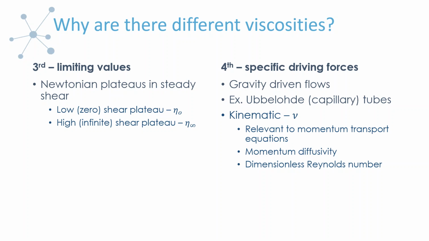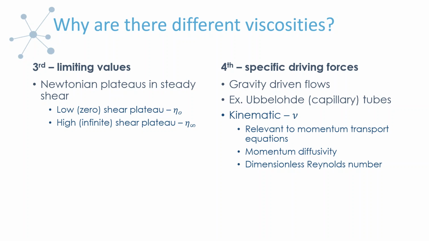And then the final one that we'll talk about, I only have one in this category, is the kinematic viscosity. It emerges in a couple of ways. One is related to experiment, when you're dealing with a specific driving force to induce the flow, and for the kinematic, that's a gravity-driven flow. It emerges as the appropriate quantity when you're doing the calculation.